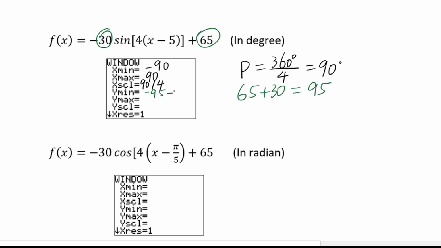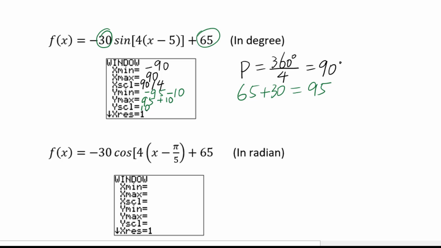Minus 5, minus 10, or minus 15, it's really up to you. Let me minus 10 here. Then maximum, I will do 95 plus 10. For scale, 95 plus 10 divided by 10, it will be 10.5. Let's make the scale 10.